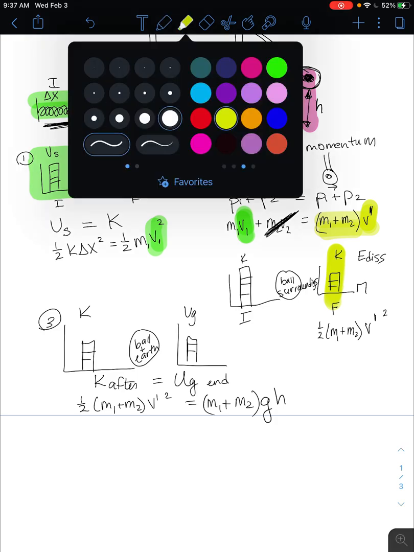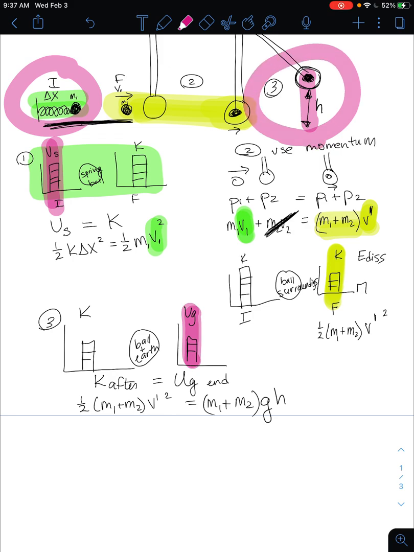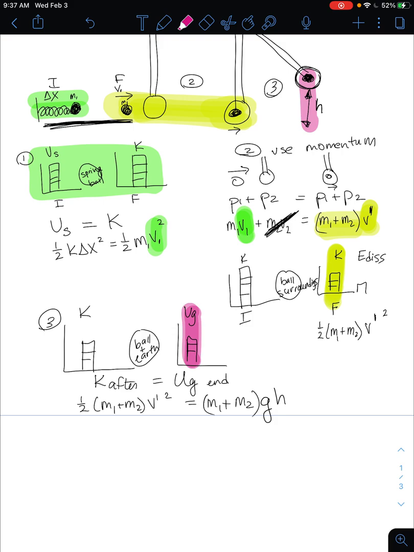What we want to note is this, that the total energy present at the end is different than the energy present in the spring. It's not okay to set the energy present in the spring equal to the energy present at the end because the collision steals some of that energy.